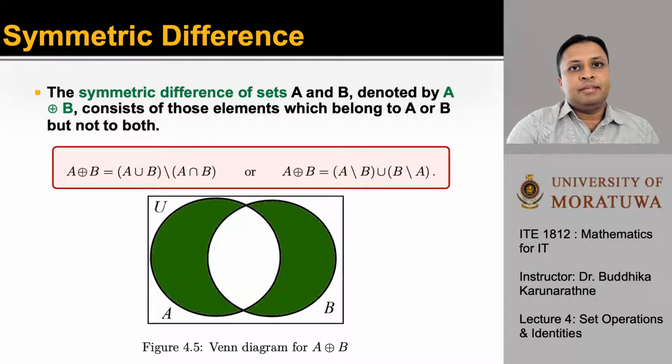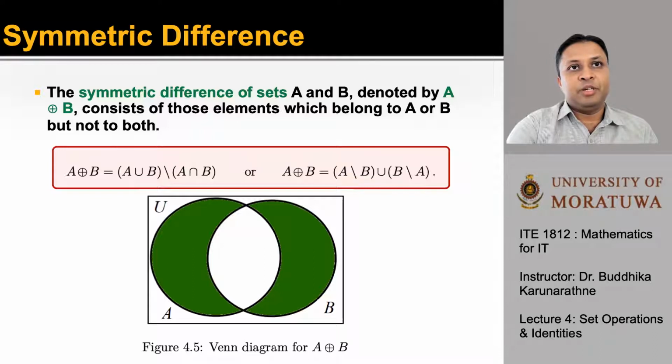And then the concept of symmetric difference. Let's look at what is meant by that. The symmetric difference of sets A and B, denoted by this special plus sign within a circle, consists of those elements which belong to A or B, but not to both.